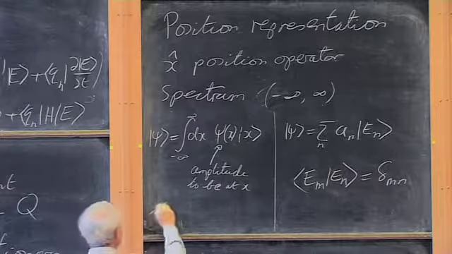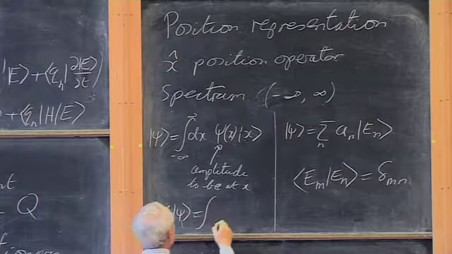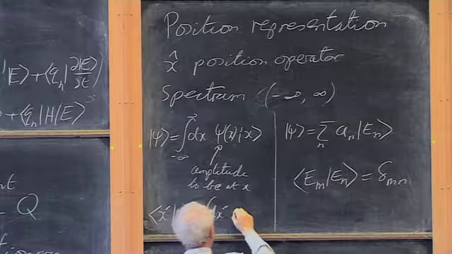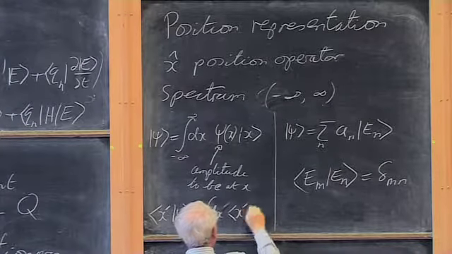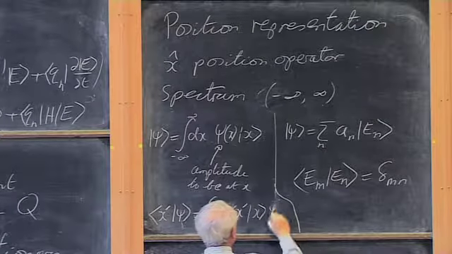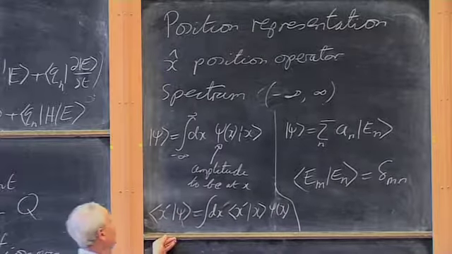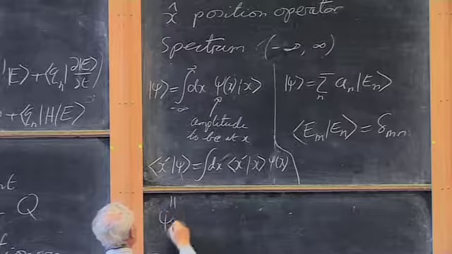Let's draw this through by the bra x primed, and we're going to have the integral dx of the bra x primed with the ket x, times psi of x.